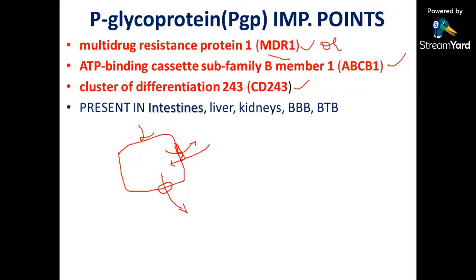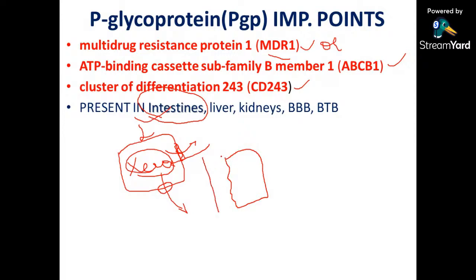PGP proteins are those transporters which will allow xenobiotics, meaning toxins or drugs or some other unwanted compounds, to be effluxed or ejected out of the cell. So that is the function of P glycoprotein. And this P glycoprotein is mainly present on epithelial cells of the intestines. Just imagine this is an intestinal cell and this is the intestinal lumen.